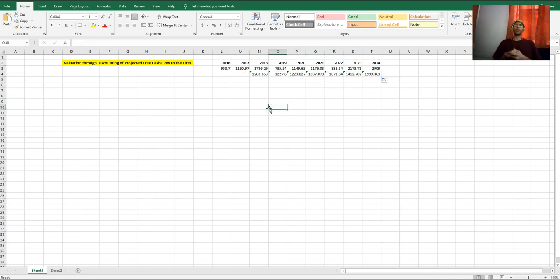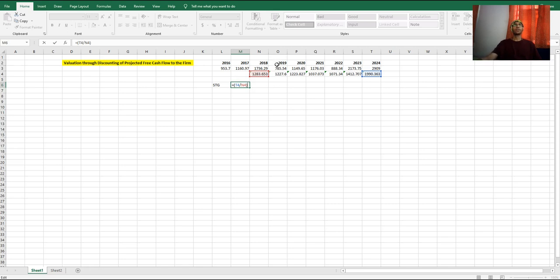We did it because we want to get a compounding rate, or rate of growth, for free cash flow in the short term, right? Short-term growth rate, STGR or STG. So short-term growth rate, STG, is equal to this 1990 divided by this, to the power 1 by the time difference.